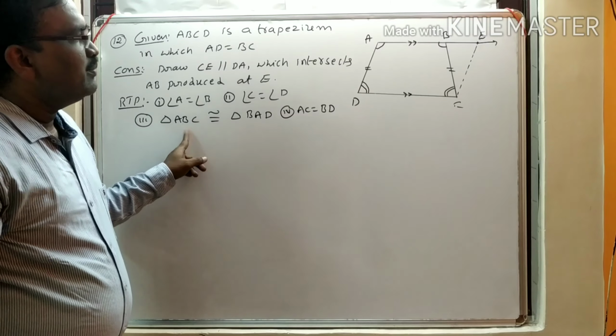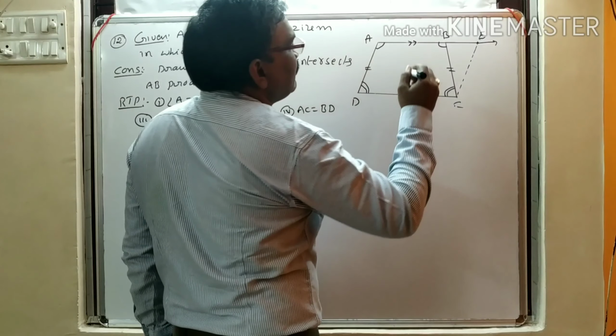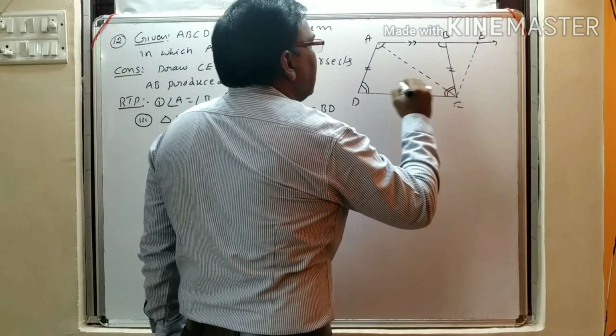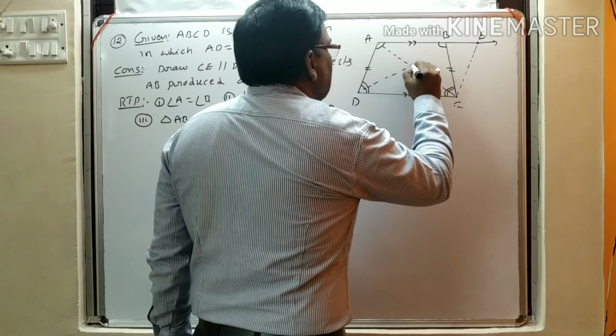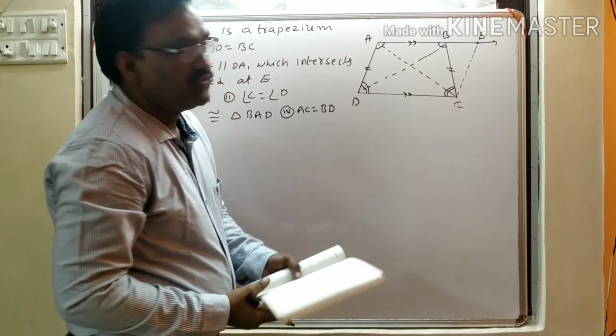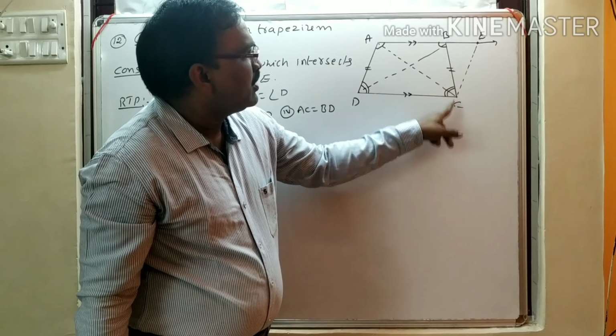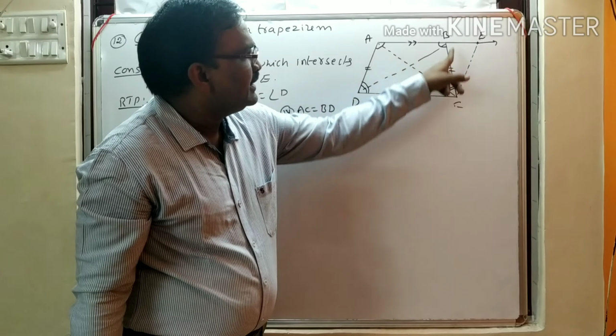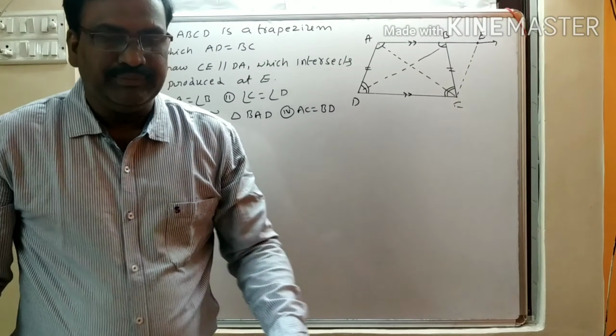Next, triangle ABC. Join A and C, B and D. So triangle ABC is congruent to triangle BAD, and hence prove diagonal AC equal to diagonal BD.